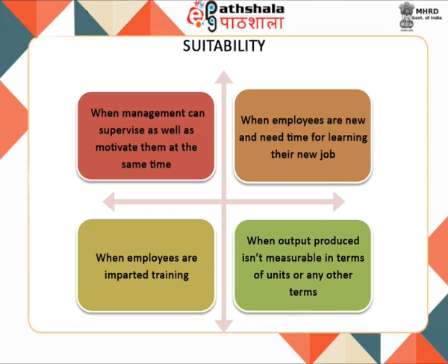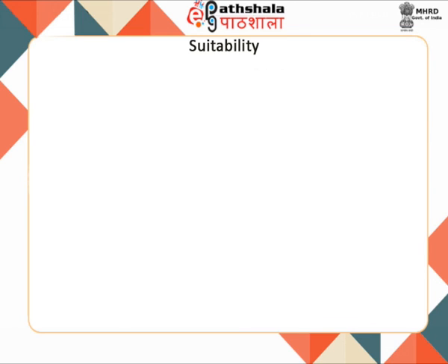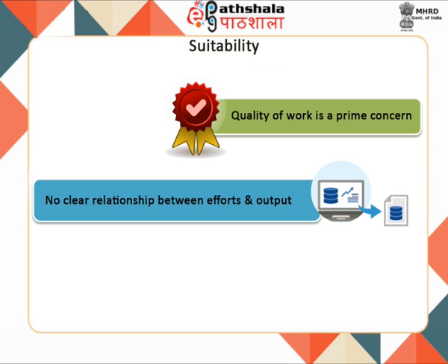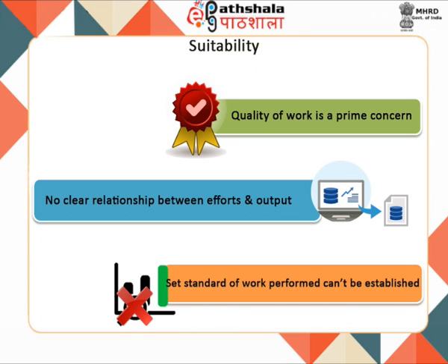D. When output produced is not measurable in terms of units or any other terms. E. Where quality of work is the prime concern. F. Where there is no clear relationship between efforts put in by employees and resultant output. G. Where a set standard of work performed cannot be established.